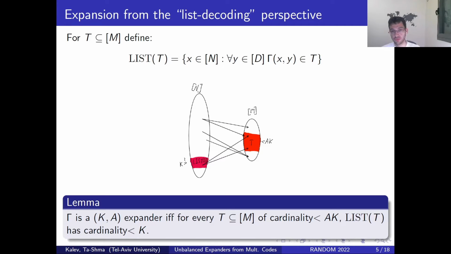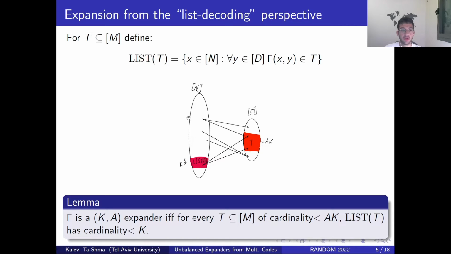Let's now move to the proof of the GUV construction, as our proof is very similar in structure, and it will be interesting to see where they differ. To do so, let's talk about the list decoding perspective of expansion. The list decoding perspective is kind of opposite to the definition.